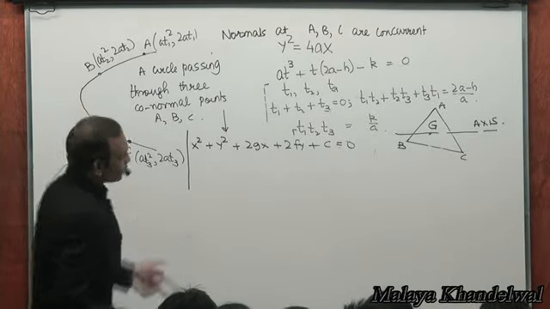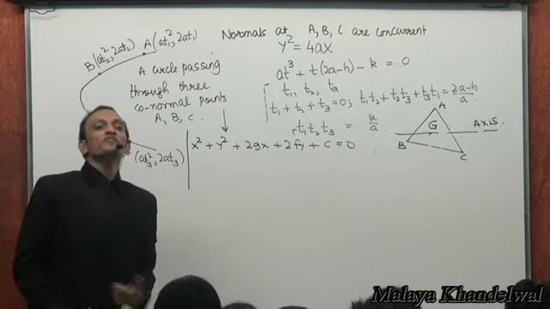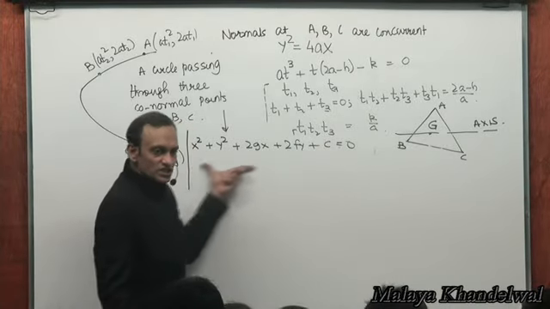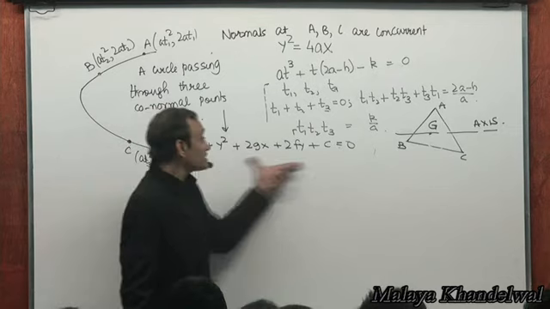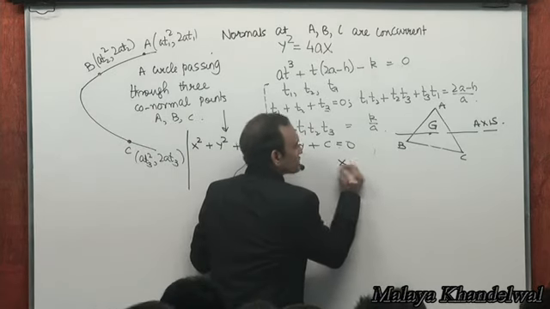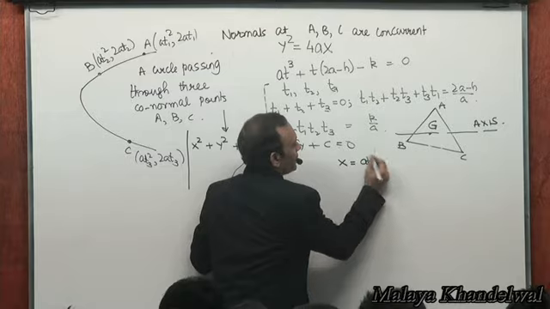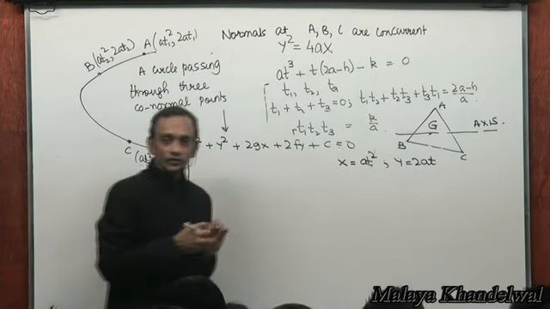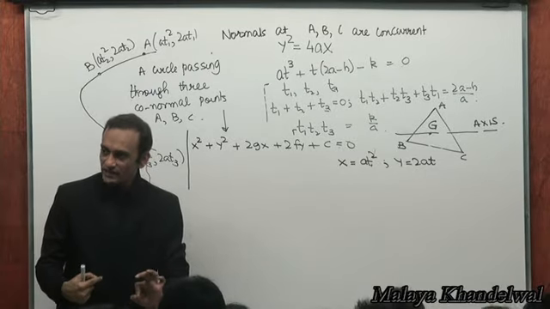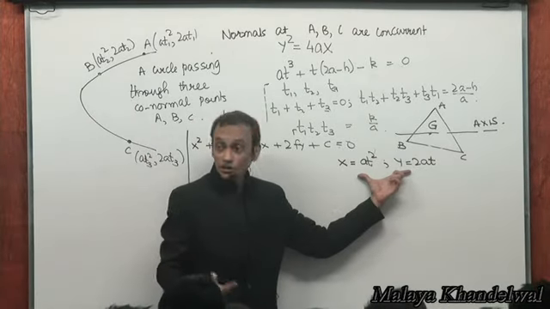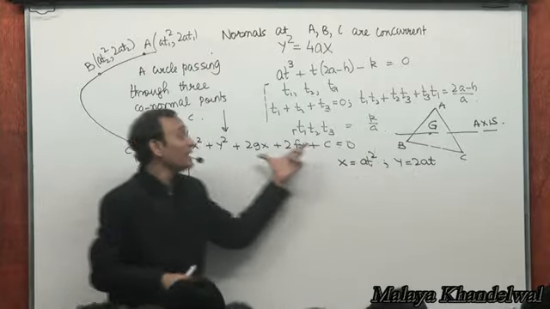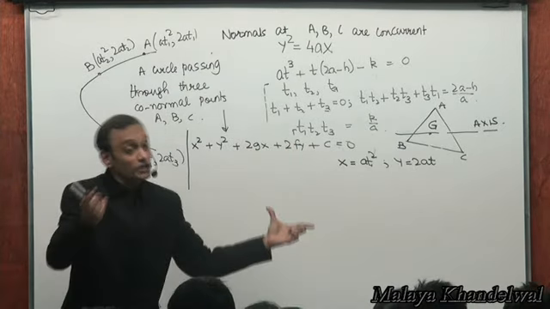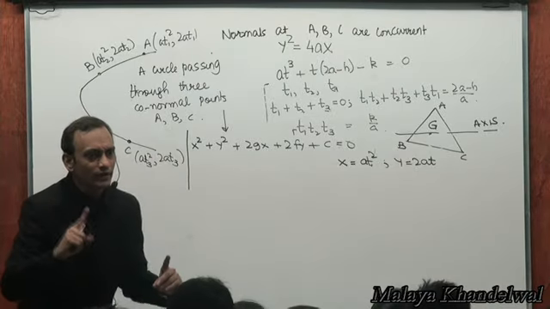If a certain xy satisfies this condition, it lies on the circle, and the same xy also satisfies x equal to a t squared, y equal to 2at, it lies on the parabola also. Then those xy's would be the intersection between the circle and the parabola, yes or no?